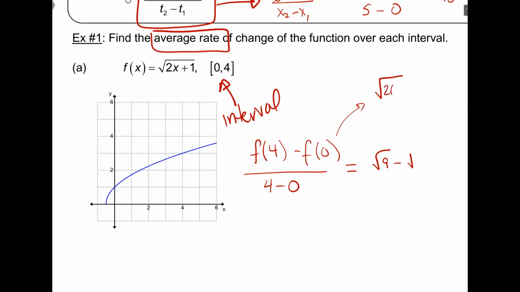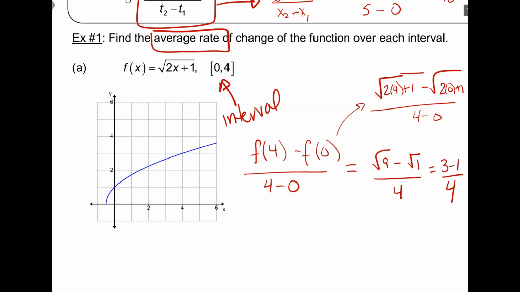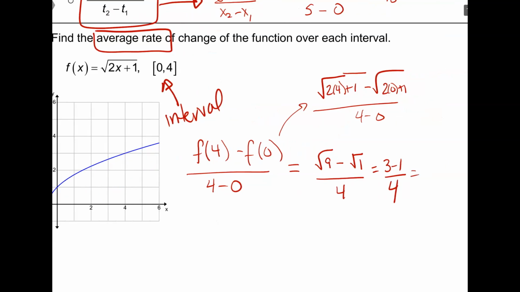So here, square root of 2 times 4 plus 1 minus square root of 2 times 0 plus 1, over 4 minus 0. So I plugged in for the function values. Square root of 9 minus square root of 1, all over 4. So it says 3 minus 1 all over 4. So that's just 2 fourths, or 1/2. That would be the average rate of change.